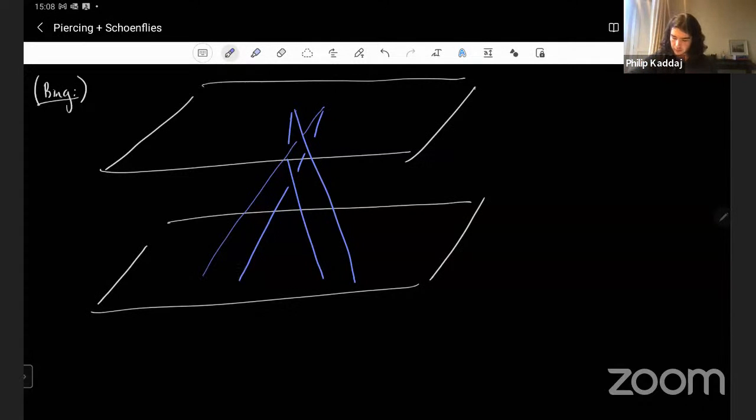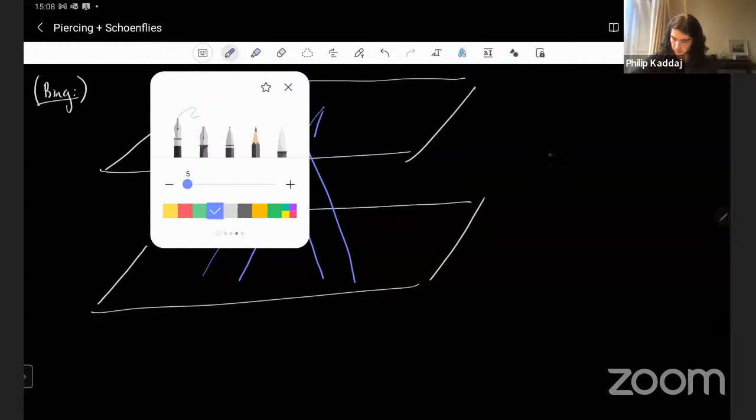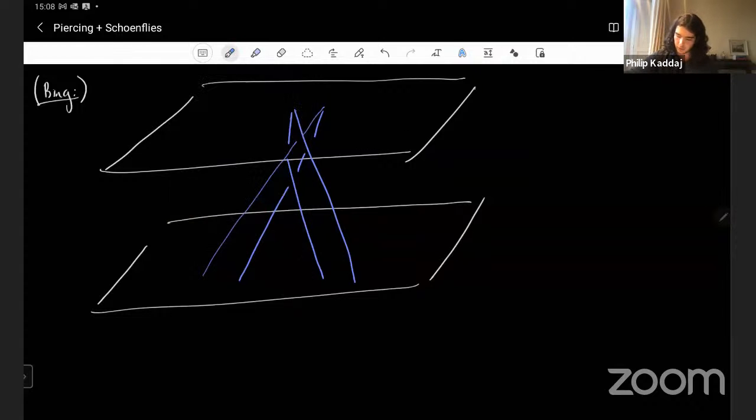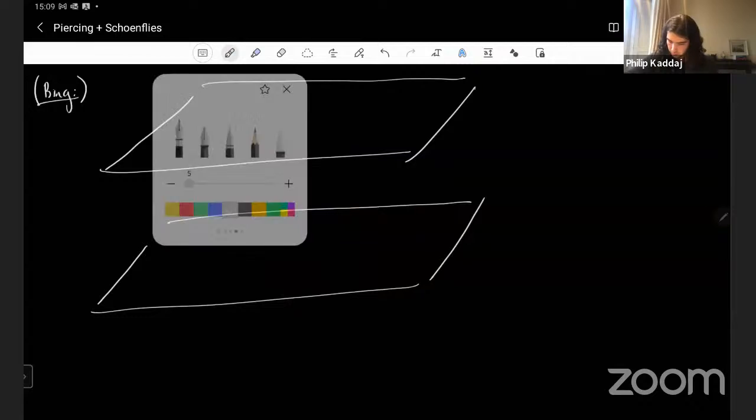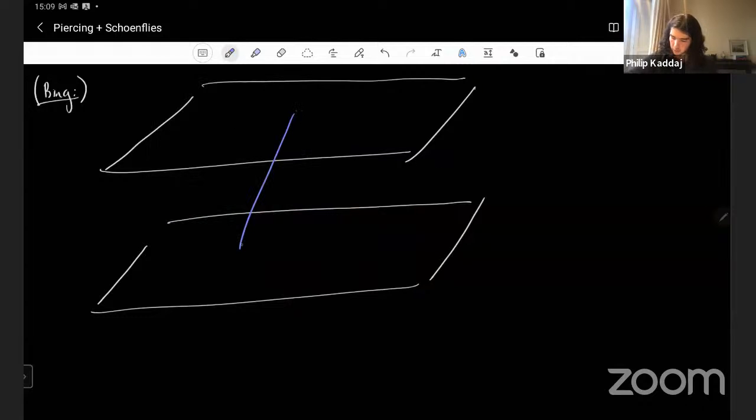So this is the start of the construction. Sorry, I skipped a step. The very start is we just pick a V, so two segments which share the same endpoint here.